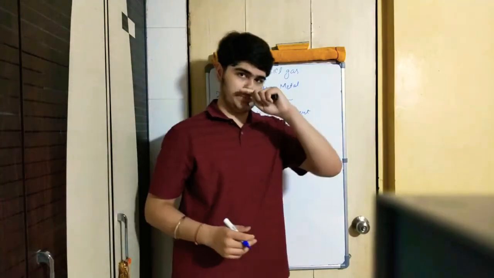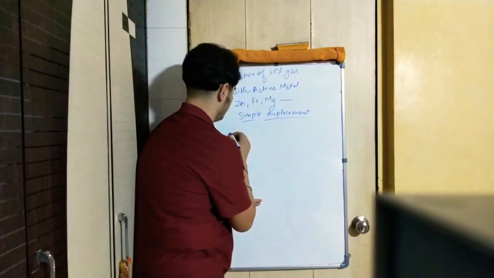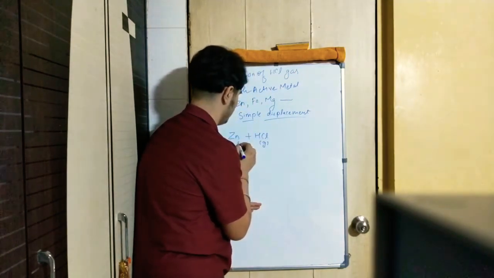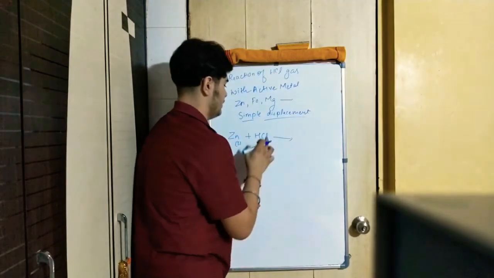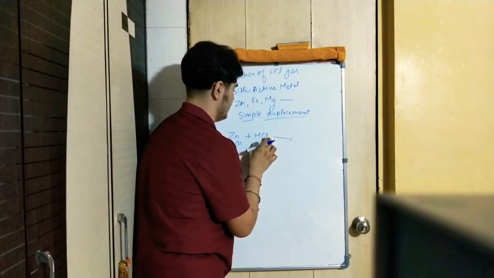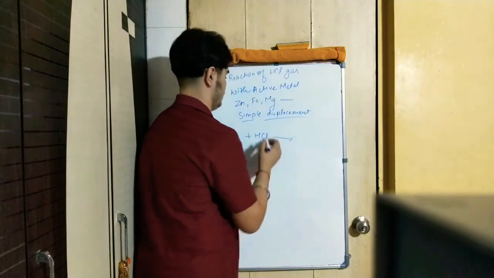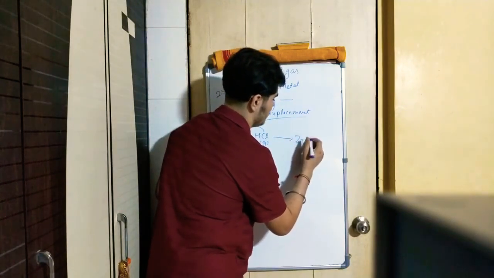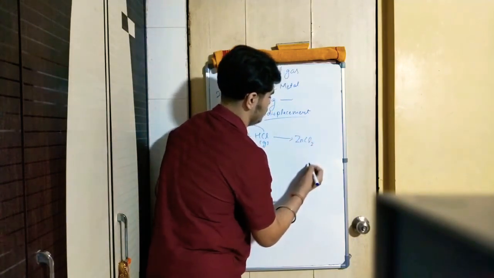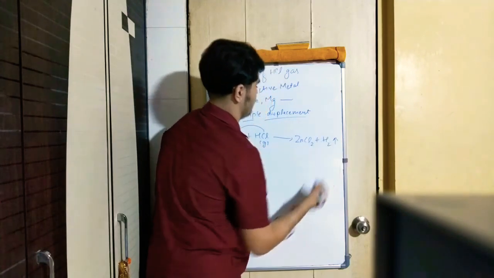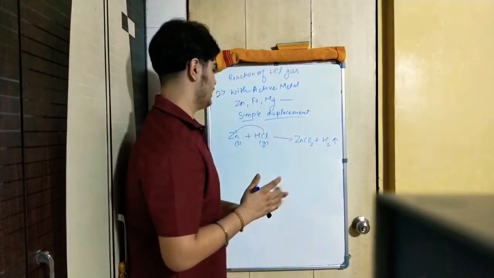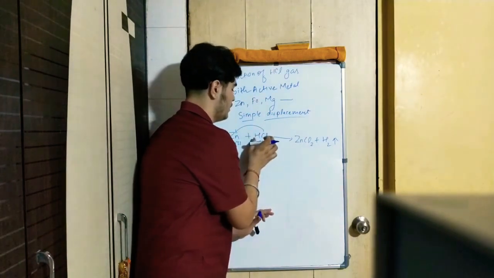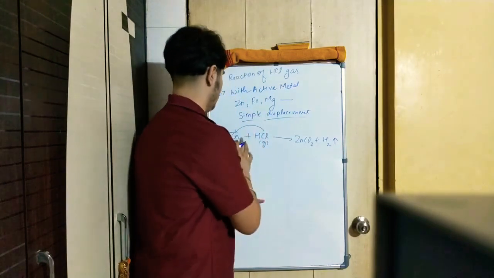So what is a simple displacement reaction? Suppose I take Zn plus HCl gas, this is solid, the negative ion from HCl goes with this. So Zn plus HCl gives ZnCl2 plus H2 gas. This is a simple displacement reaction where only one ion is shifted from a compound to another element.